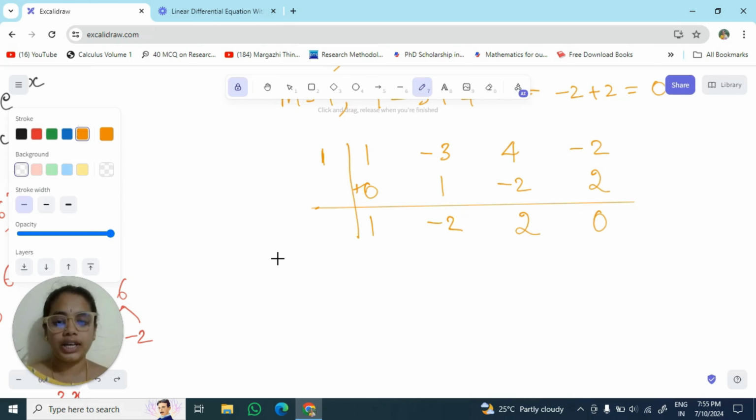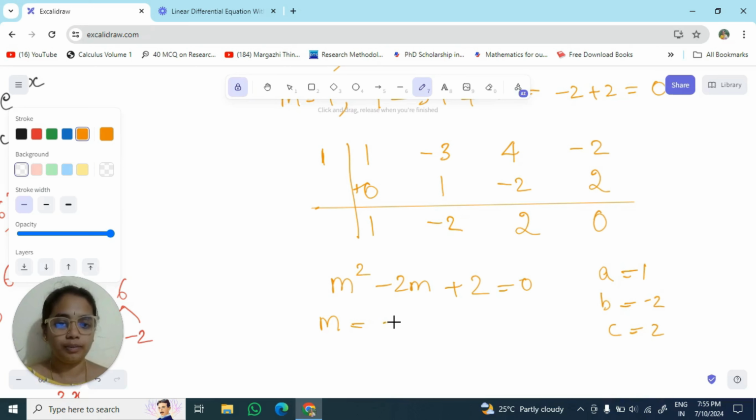So what is the next step of synthetic division? Just write this, decreasing the order by 1. We would get m square minus 2m plus 2 is equal to 0, where these are the coefficients. Now again solve this quadratic equation. Let us use the formula m is equal to minus b, in place of b we have negative 2, c is positive 2, right?